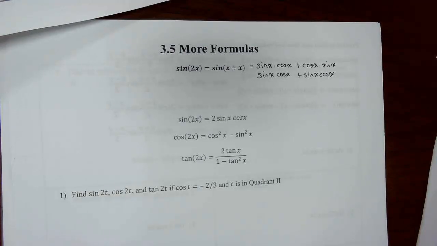So we are given that cosine of some angle t is negative 2 over 3, and t is in quadrant 2. Okay, so quadrant 2. Let's think about that.